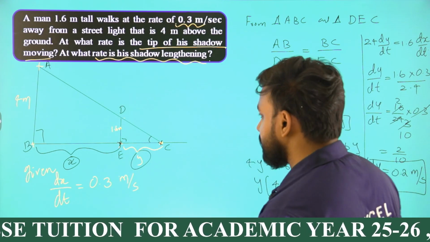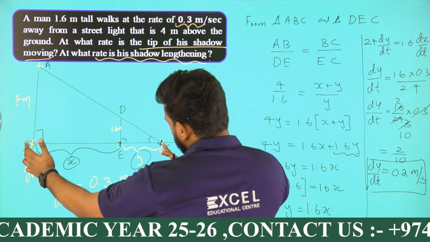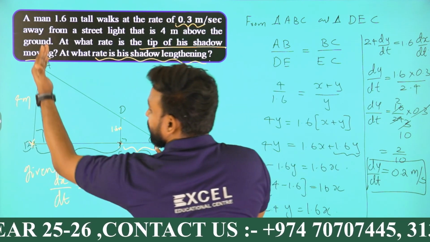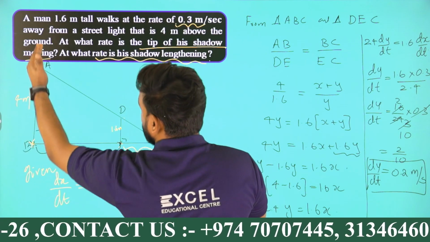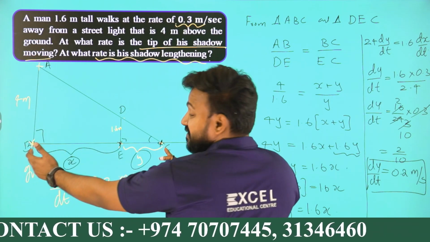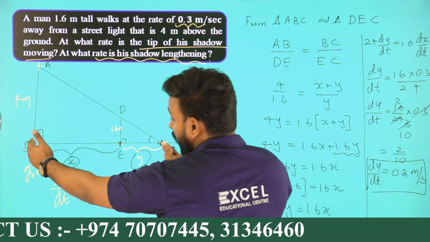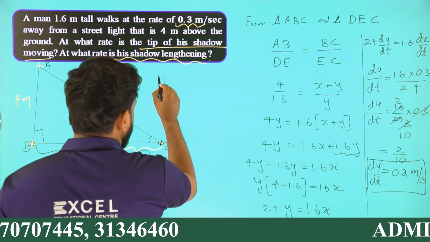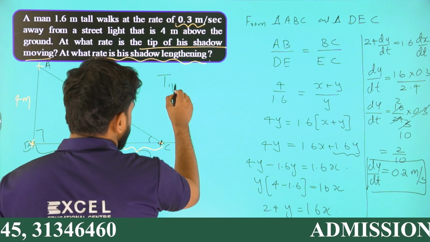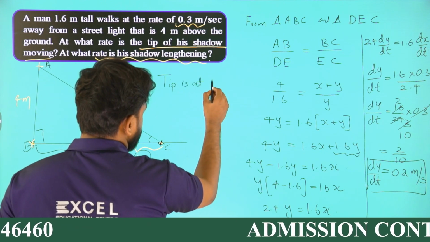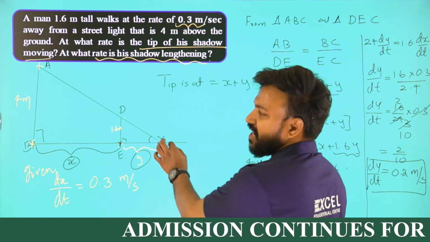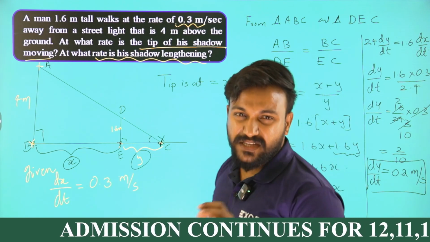Or we can simply say the tip is at the distance x plus y from the lamp post or from the street light. The tip of the shadow is at x plus y. We can simply say that.